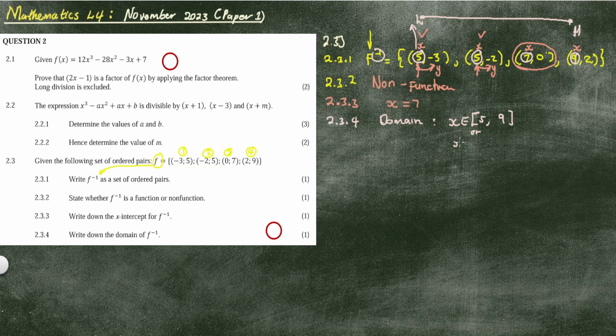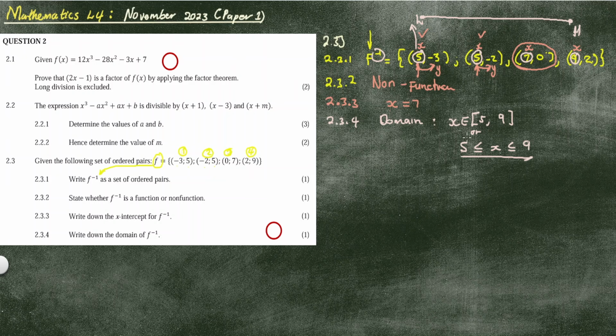Or I'm going to use this notation: 5 less than or equal to x less than or equal to 9. It's x, not end. It's between 5 and 9. We can write it like this as well.